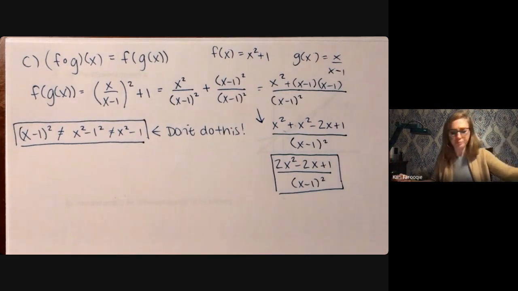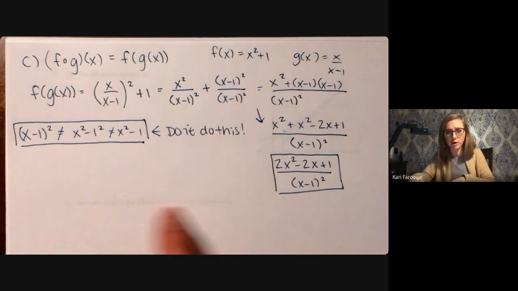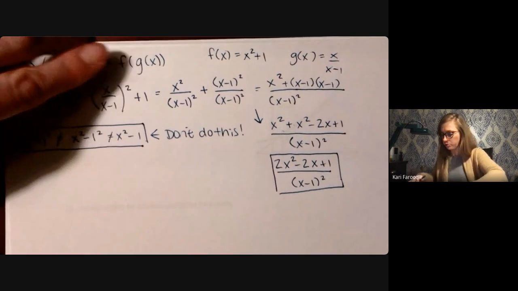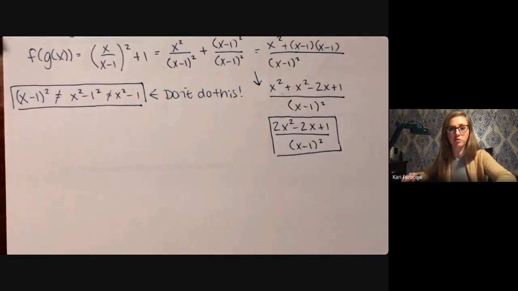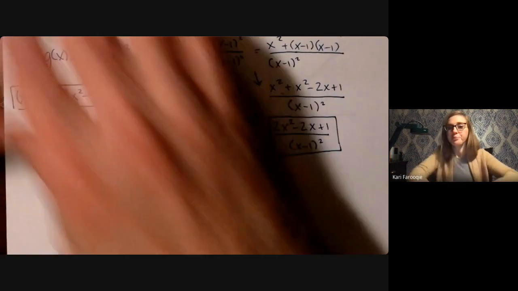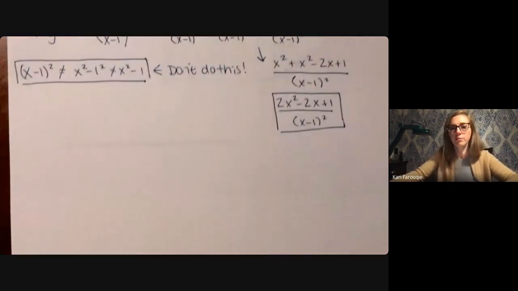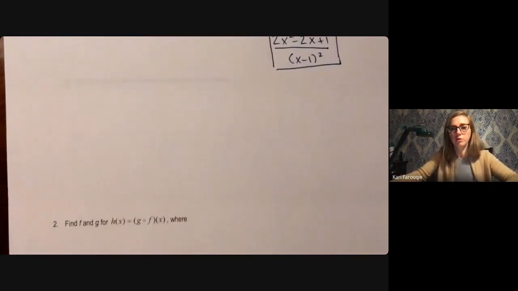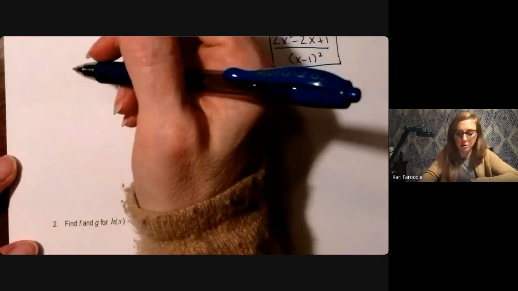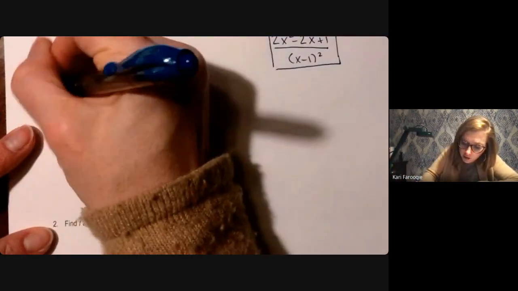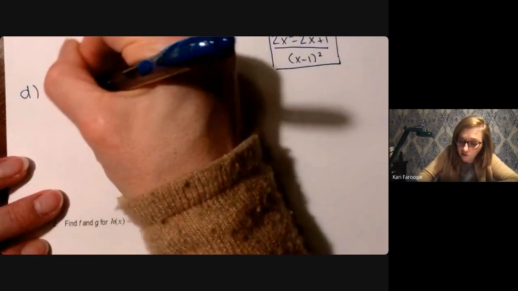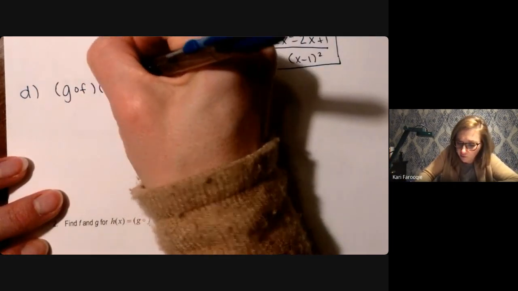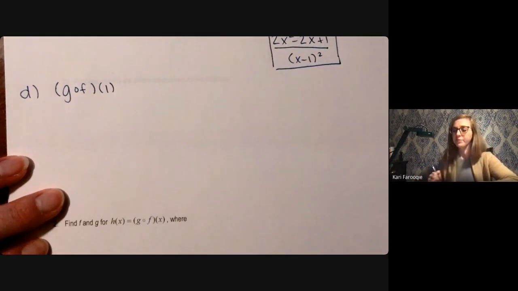Okay. The last one I want to do in this little space, I should start telling you how many problems I'm putting in here so you have an idea of how much space to use. But the last one is going to be D, and you might be predicting that we're going to do G of f of x, but we're actually going to do G of f of 1.